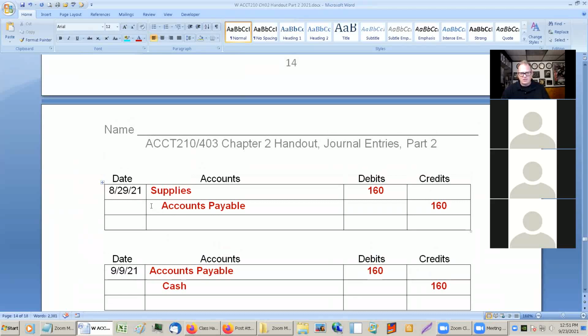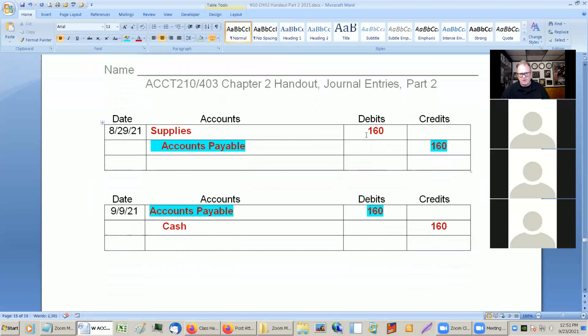If you take these two accounts by themselves, this accounts payable cancels out, right? You put the accounts payable on the books, you pay for it, it cancels out. So really, in the end, the transaction is really supplies and cash.